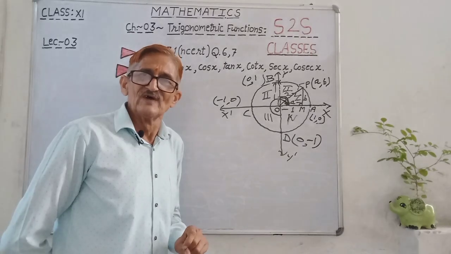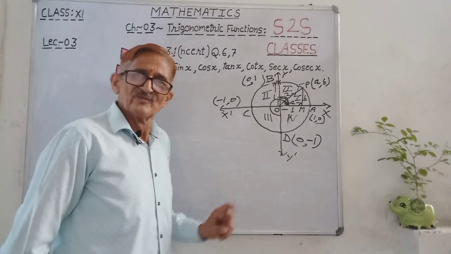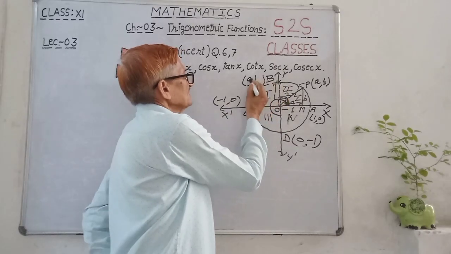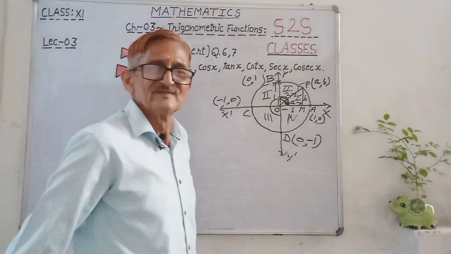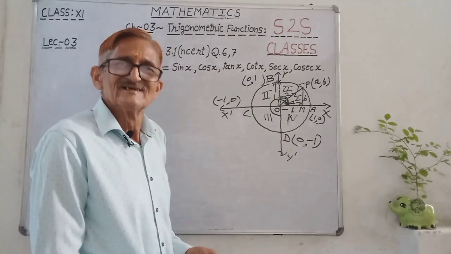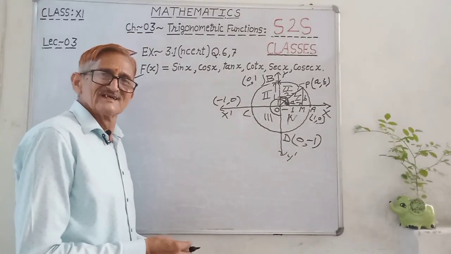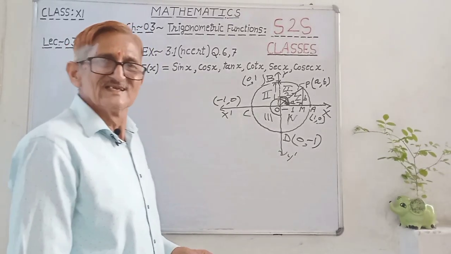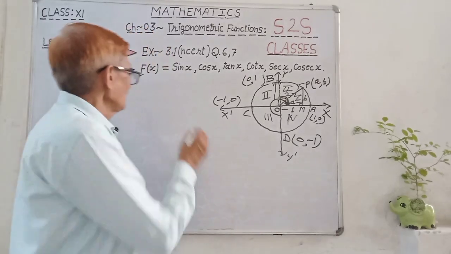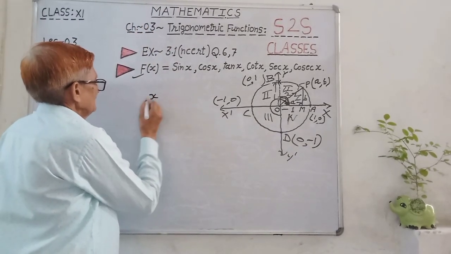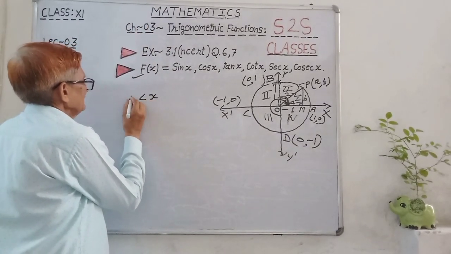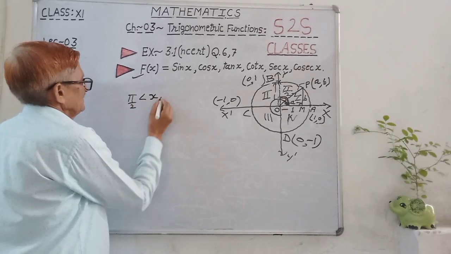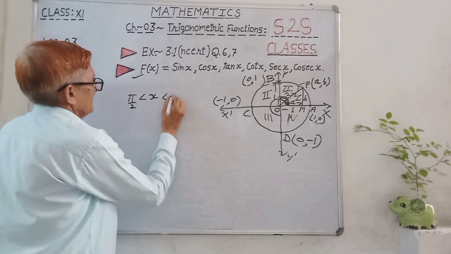So this means all values are negative. So between 90 to 180 degree the cos function is negative. Clear? Cos function is negative if x is in the second quadrant, means if x is greater than pi by 2 and less than pi.